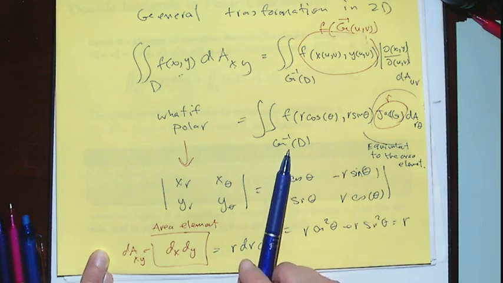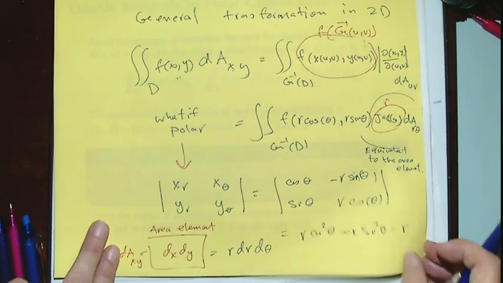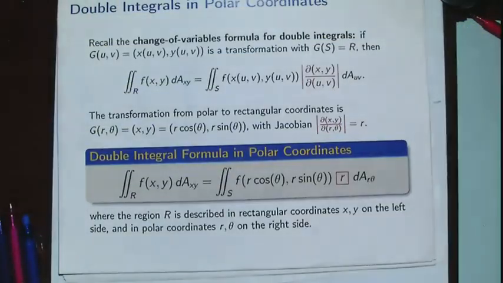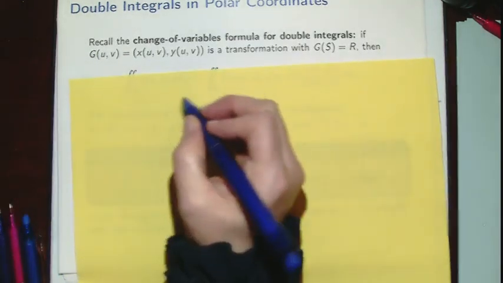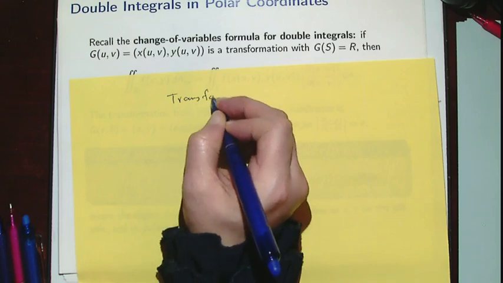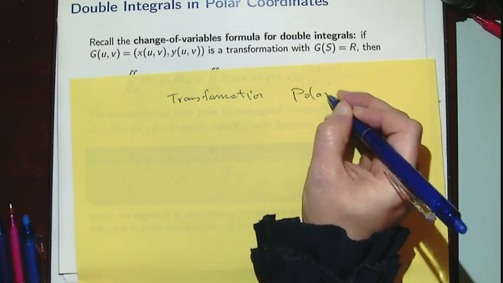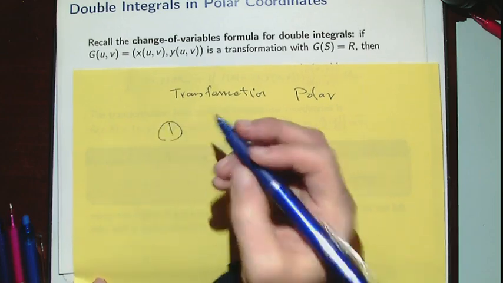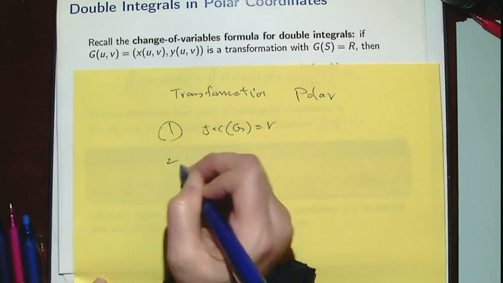That's how you integrate. So what are the steps? What's the Jacobian for polar? r. How do I convert the integrand? Plug in r cosine theta, r sine theta. Integral transformation, use polar. One, the Jacobian is r.